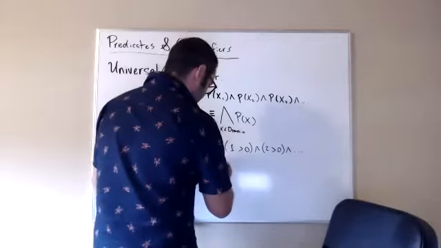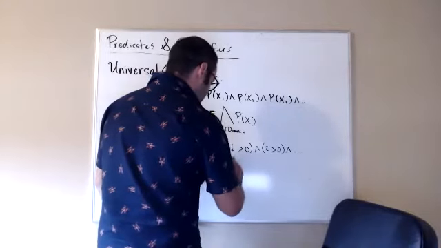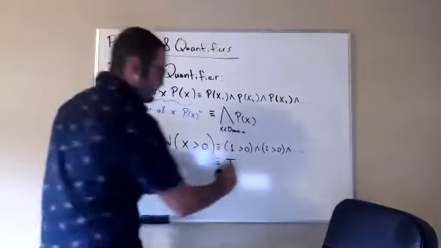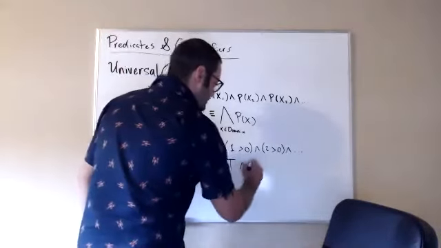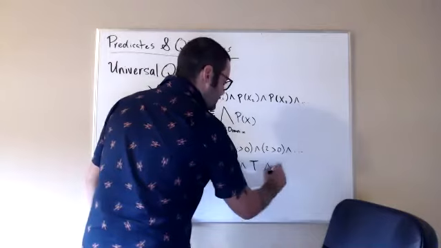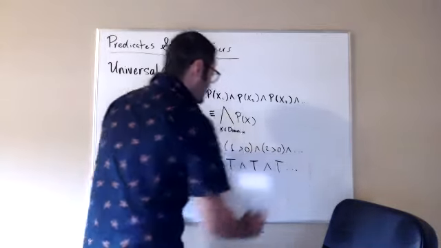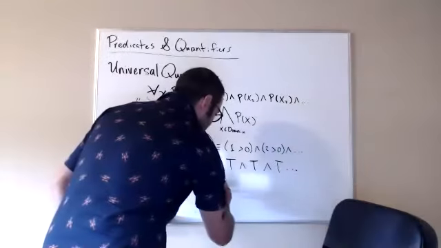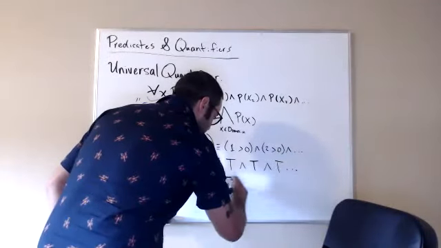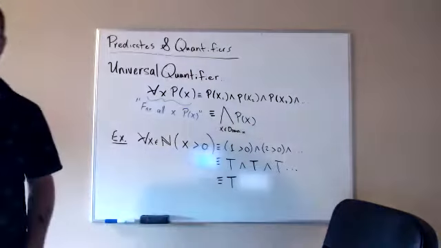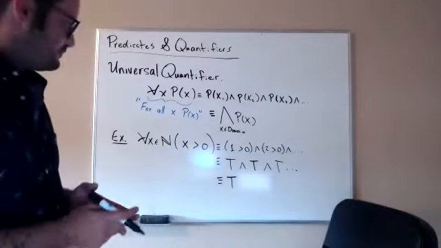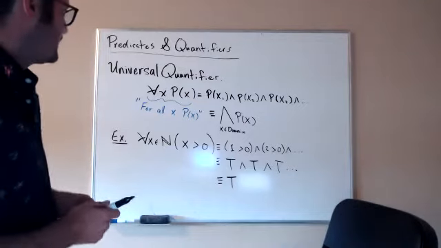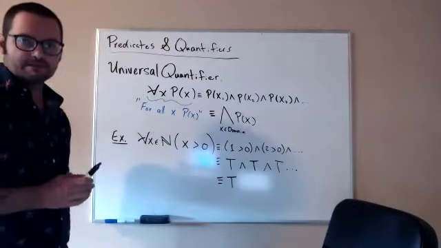Now, it just so happens that that's true, and if you plug in a 3, that's going to be true. It's going to be true forever, which means that the conjunction operator is going to evaluate to true. The conjunction between propositions is true when all of them are true and false otherwise. So that's what you can think of this as.